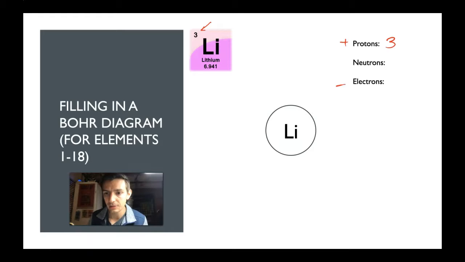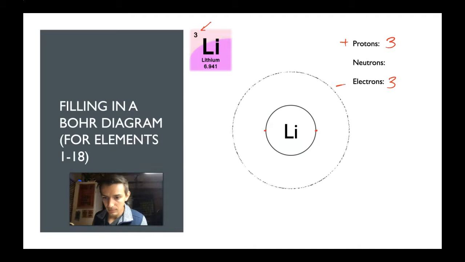Those are positive, and electrons are 3. Those are negative. So if I was to diagram the electrons, I'm going to put 2 here. But now I have to stop because I've run out of seats. I've run out of room to put those electrons. So where are they going to go? Well, I make a new energy level. And now it's represented by that line. I now have a place to put my 3rd electron. And I'm done.